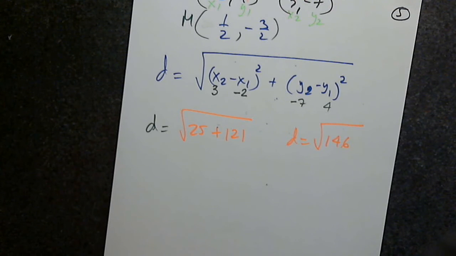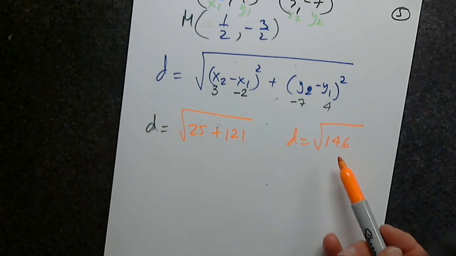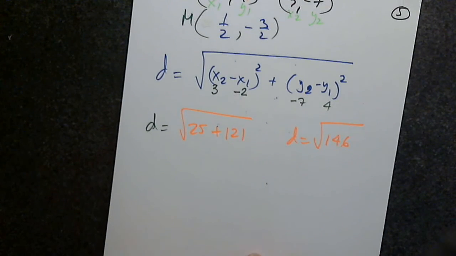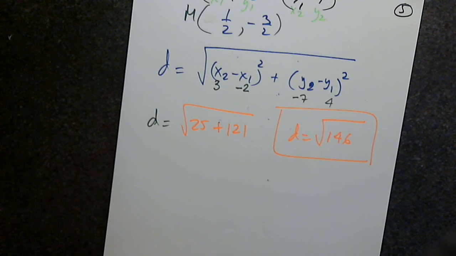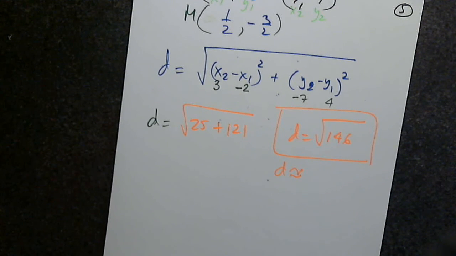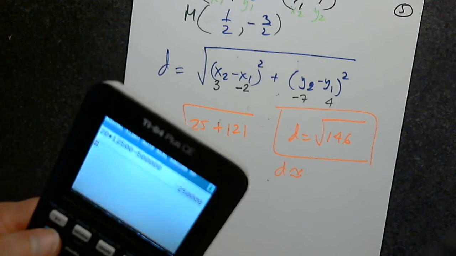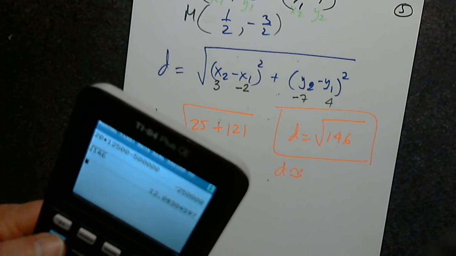146. If you try to simplify this, if I divide by 2, I get 73. There is nothing I can do. This is it. This is the exact answer. If you're asked to approximate, then you put it in the calculator. If I put the square root of 146 in the calculator, I get 12.08.